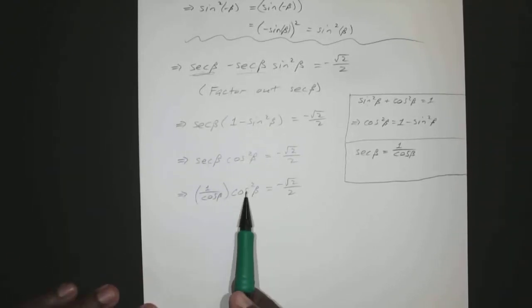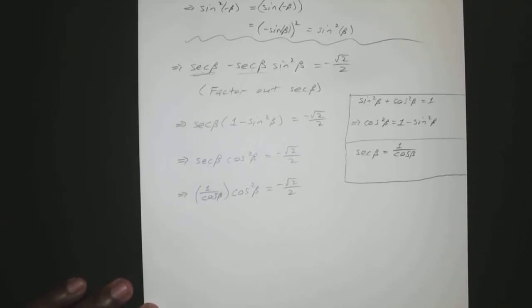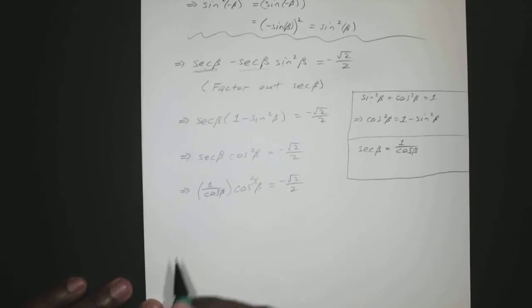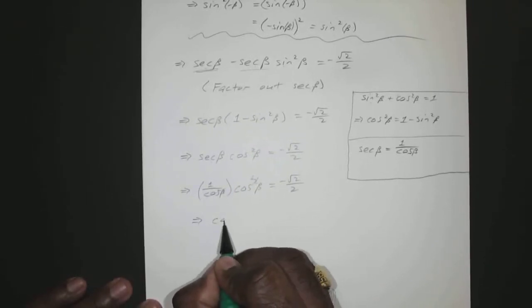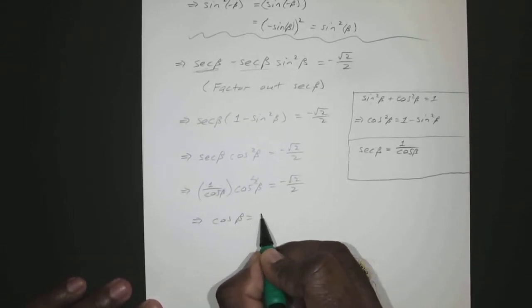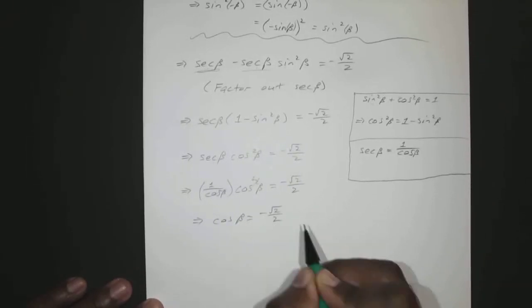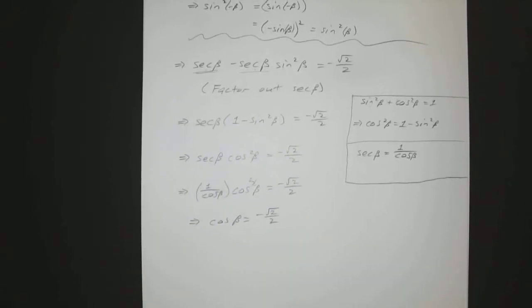Just like if you had x squared times 1 over x, one of those will cancel out. So that cancels out, and that becomes 1. So we have cosine of beta equals negative square root of 2 over 2. All of that simplified to that one trig equation.